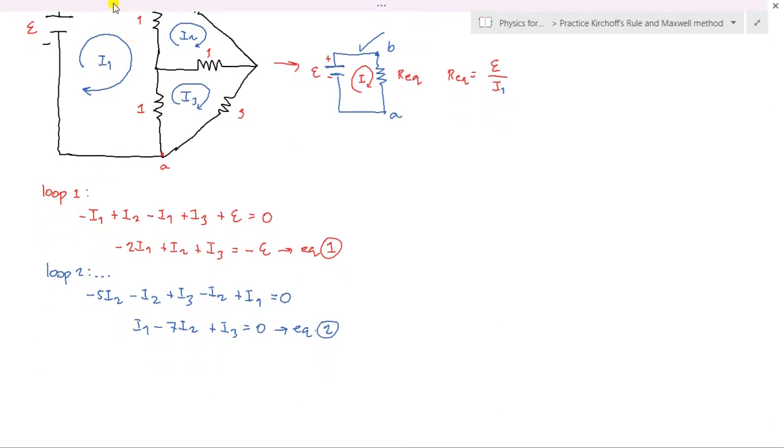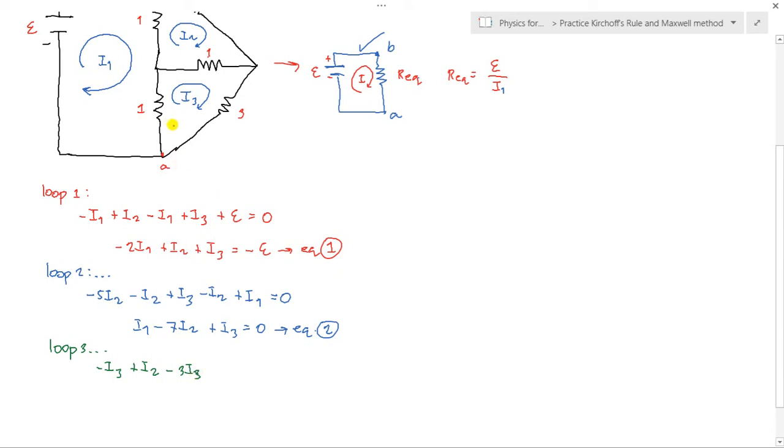So here, we have loop 3. At loop 3, I3 interacts with this horizontal resistor 1. So voltage drop, minus I3. However, at that resistor, I2 interacts in the opposite direction. So that would be plus I2. The next, it passes through resistor 3. So again, another voltage drop, minus 3 I3, since the resistor has a value of 3.